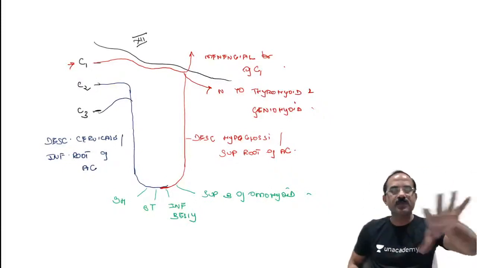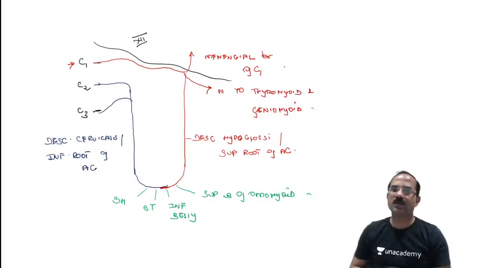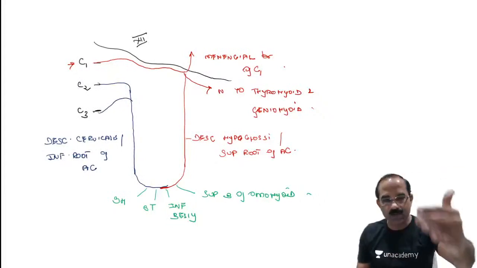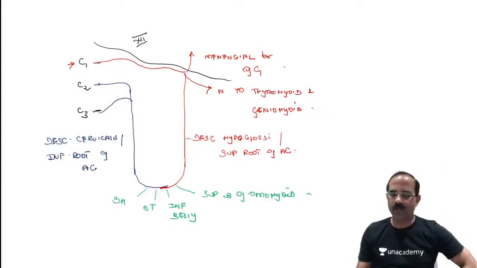So these are the muscles which are supplied by Ansa cervicalis. These are all strap muscles, or these are known as the infrahyoid muscles.